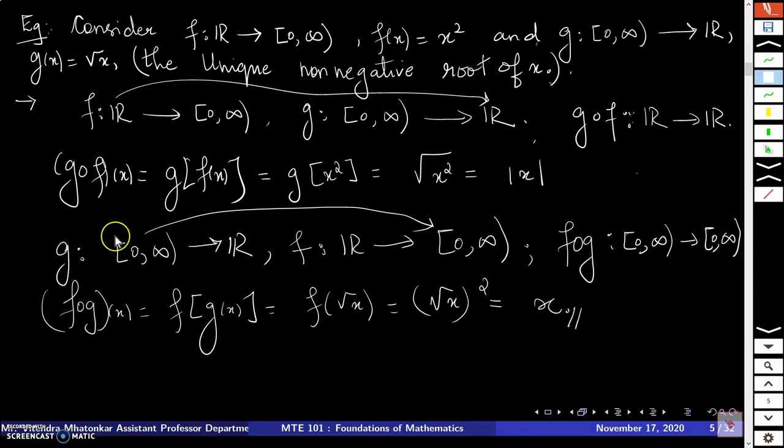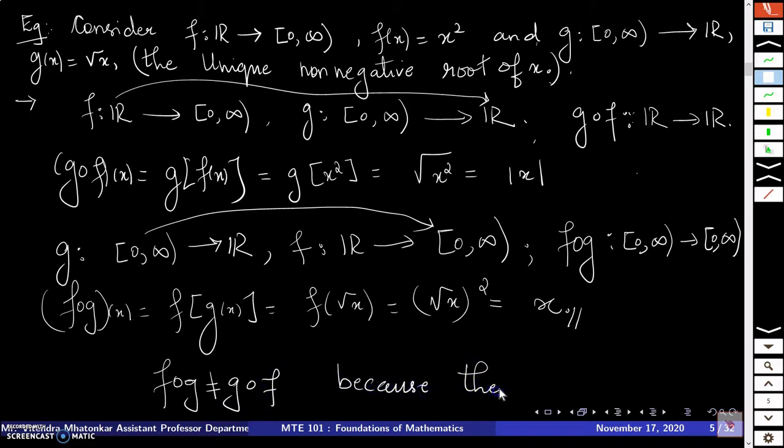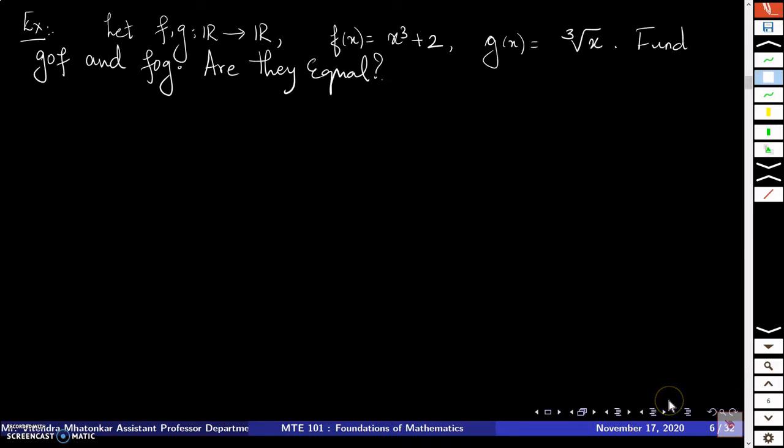But in general, f composite g is not equal to g composite f. This is because their domains are different. They have different domains, and hence these two functions f composite g and g composite f are not equal.